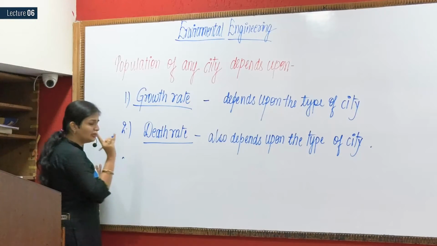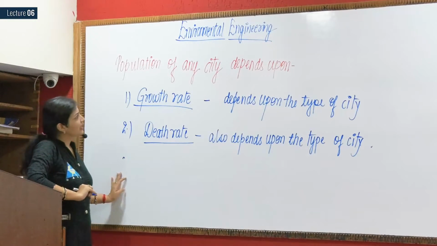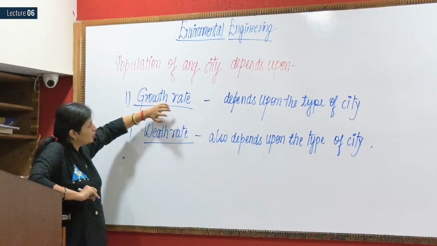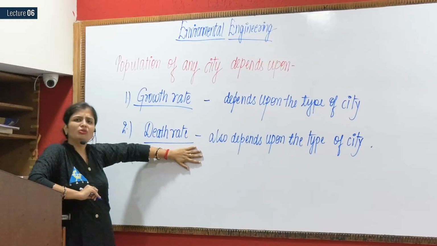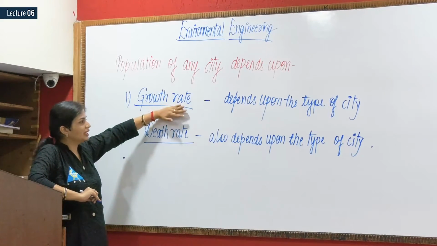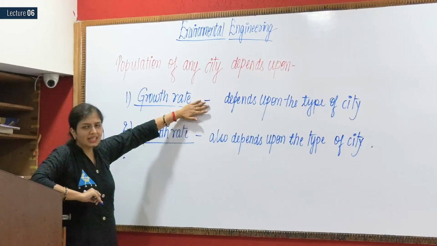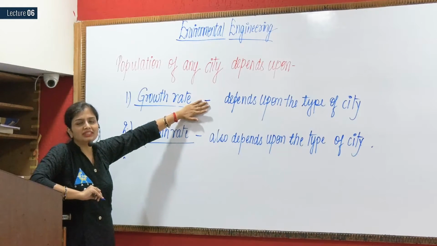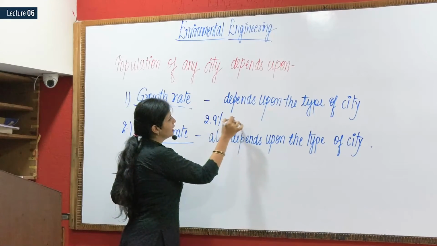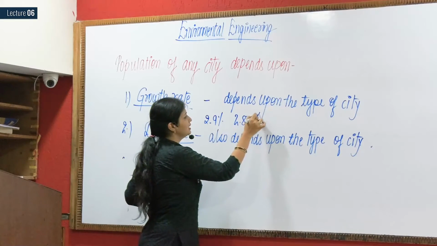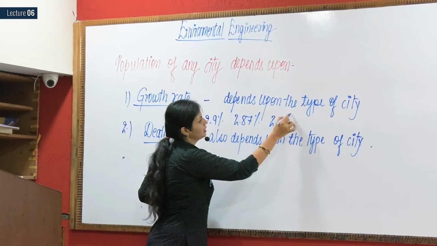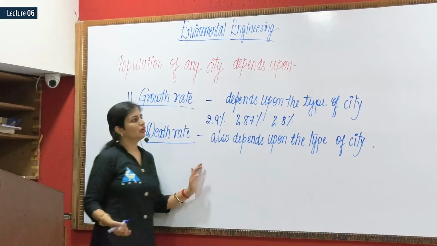Now, one thing more regarding death rate and growth rate. Growth rate is that birth rate only, so don't get confused. Growth rate and death rate are almost constant. Like if growth rate is 2.9%, 2.89%, 2.9%, then 2.87%, and then 2.8%. Fine. So what will happen?